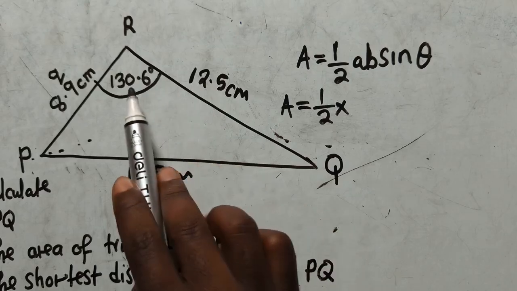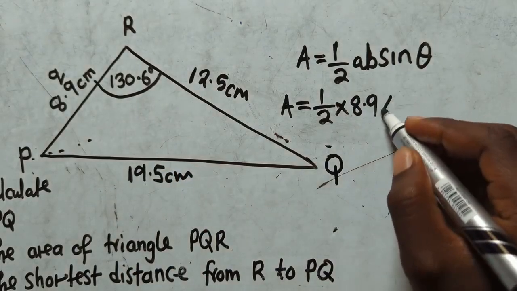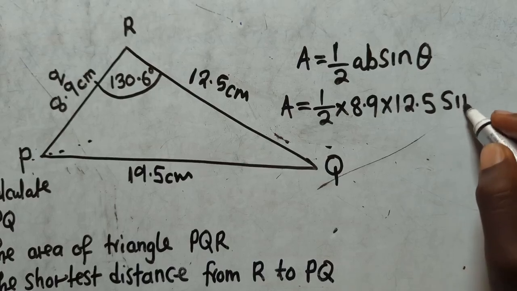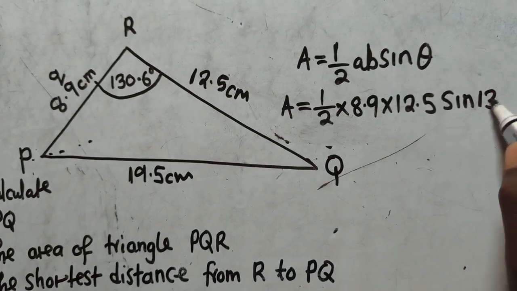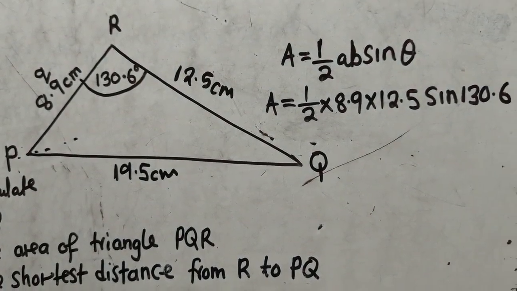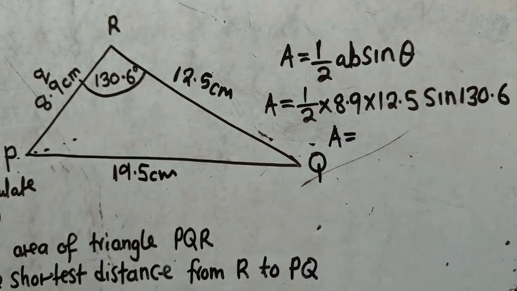These are the two sides: 8.9 times 12.5, then sine of the angle 130.6. Where I'm going to say area is now equal to, we answer together. Half, which is 0.5, times 8.9 times 12.5 sine 130.6.